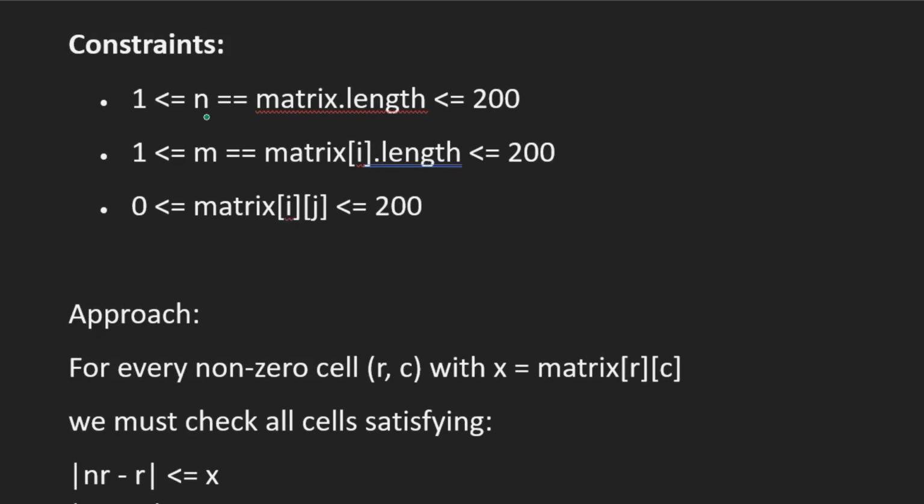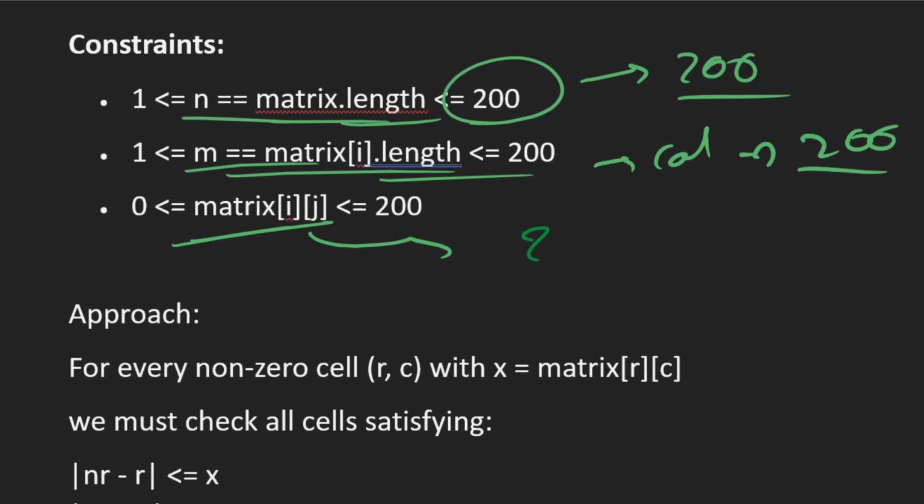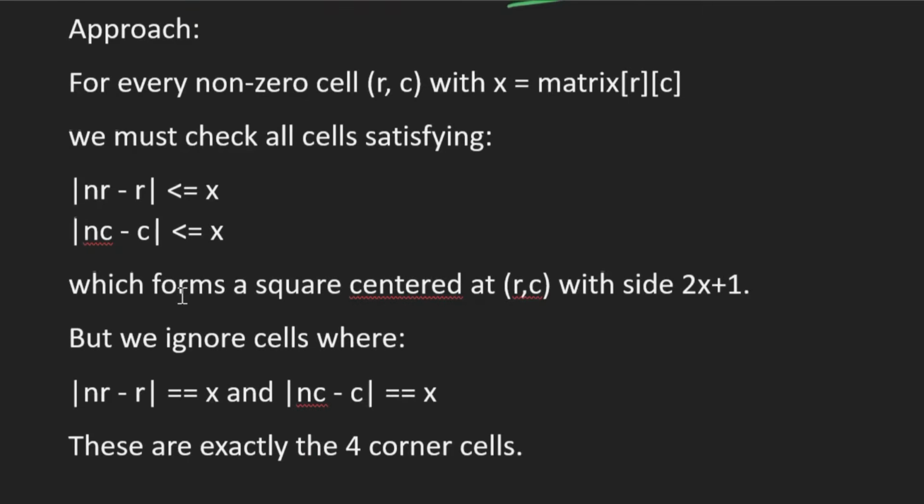So let's see the constraints. n, which is the matrix length, is up to 200. Even m, the number of columns, is also up to 200, and the values present in the matrix are also up to 200. So these are the constraints. Let's move to our approach part.